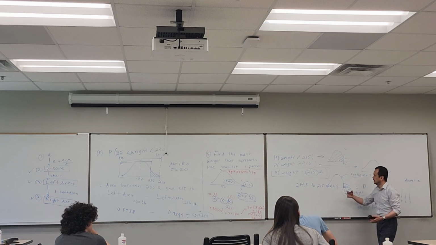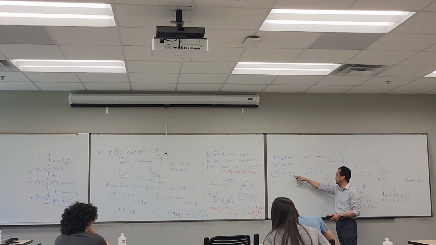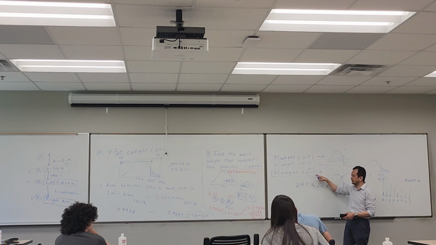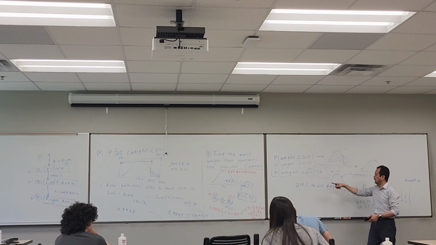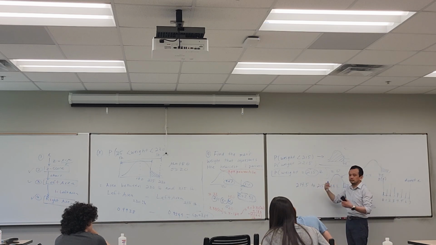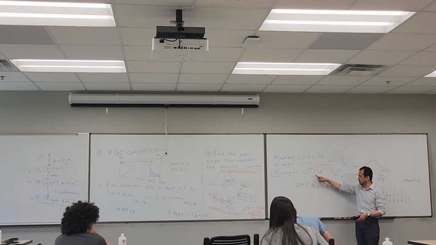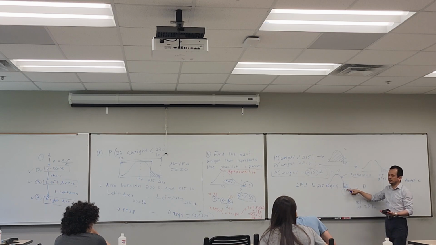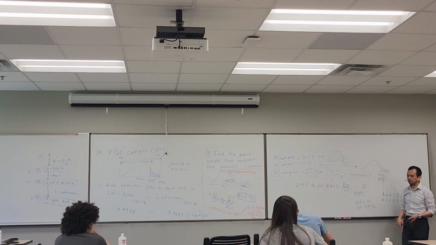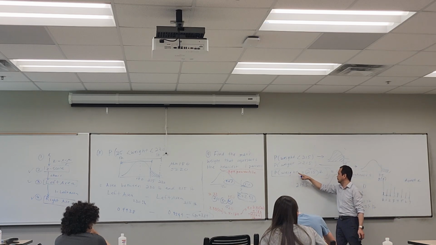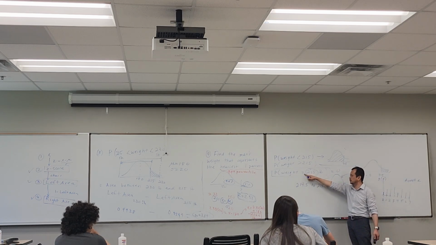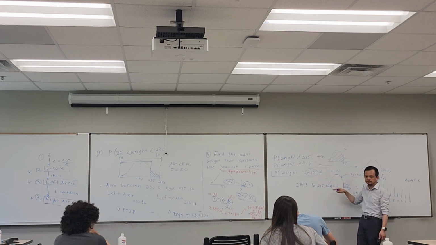So mathematically, in a continuous distribution, the probability of a variable being an exact value is defined to be 0. But in real life, even with that continuous distribution, that value is actually a range of possible values in which you have a non-zero probability. Any questions? If you're asked what's the probability that this variable in this continuous distribution is equal to this number exactly, then that's going to be 0.